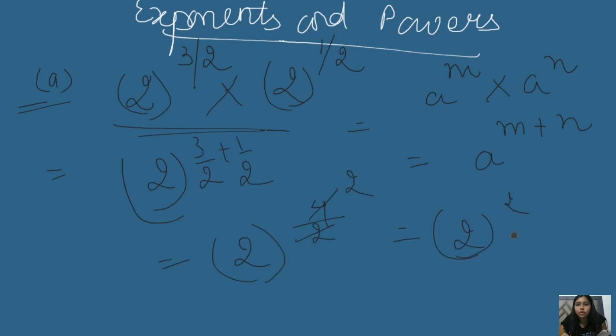So the solution for this question is 4. 2 raised to the power 2 means 4. This is how we can apply our basic rules and solve the questions like this. Now let's have a look at another example.